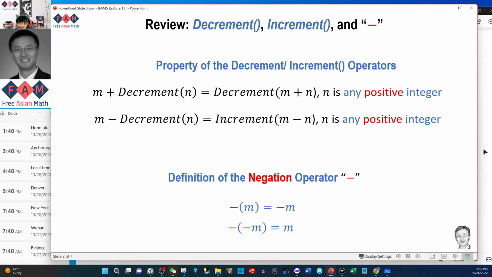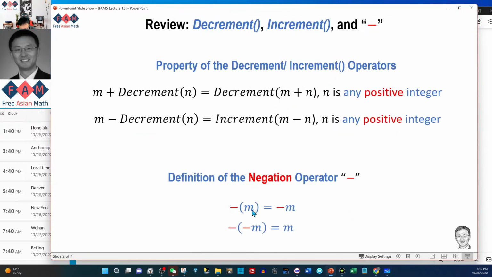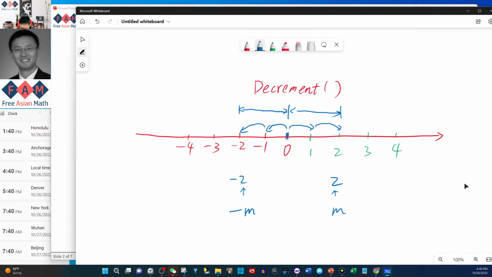Because of this symmetry we saw, we were able to properly define what the negation operator is. So if we have a positive integer m, the negation of this positive integer would be -m. If we have 2, the negation of 2 is just -2. Okay?